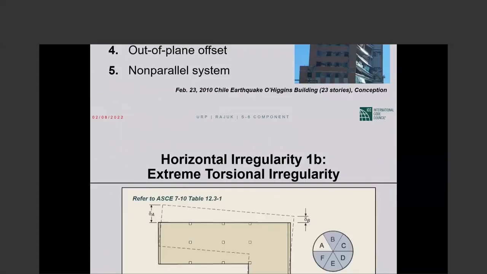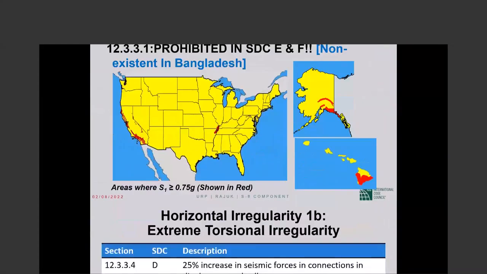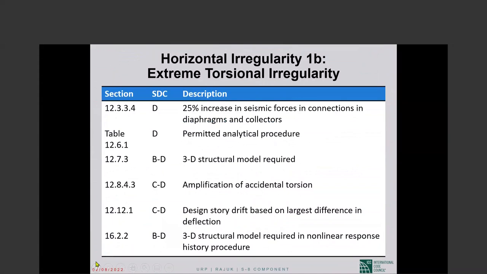Okay, so that was the entire table. This is the same table. I'll go back. I'm not skipping. So we looked at the 25% increase, the permitted analytical procedure, 3D structural model required. There is nothing to elaborate on that. If you have torsion, you need a 3D model. 2D simply doesn't do it.